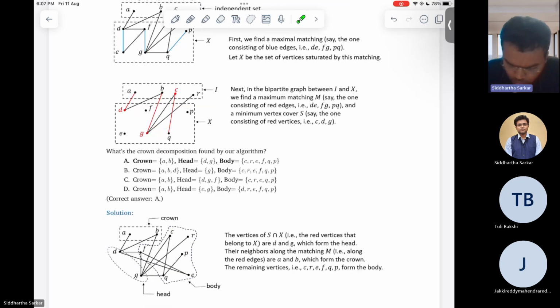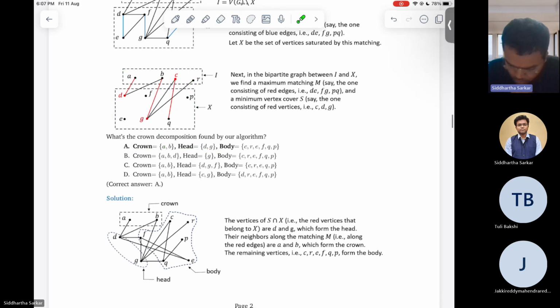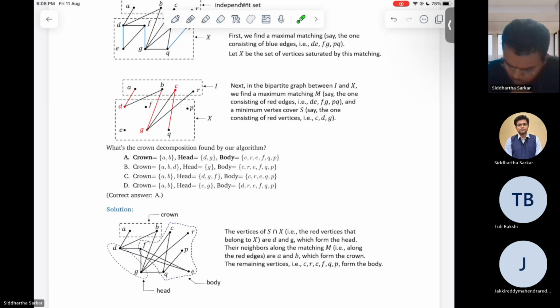So anyway, the next step is to decide, after finding this maximum matching, which part is the crown, which part is head, and which part is the body. So this has been shown in this self-explanatory diagram. So the head is nothing but S intersection X. So X is all the vertices here, and S is the minimum vertex cover, which we have found by taking one endpoint from each of the matching edges.